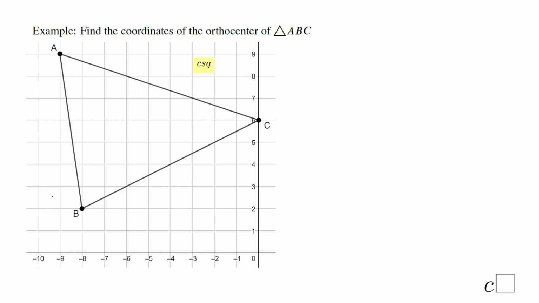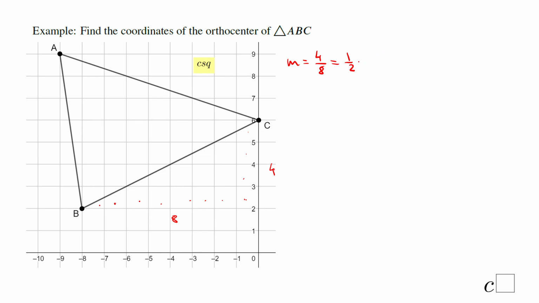Okay, so let's try to look at this side BC. We have 1, 2, 3, 4, 5, 6, 7, 8. This is 8. 1, 2, 3, 4. This is 4. So we have a slope of 4/8 positive, right? And that means 1/2.